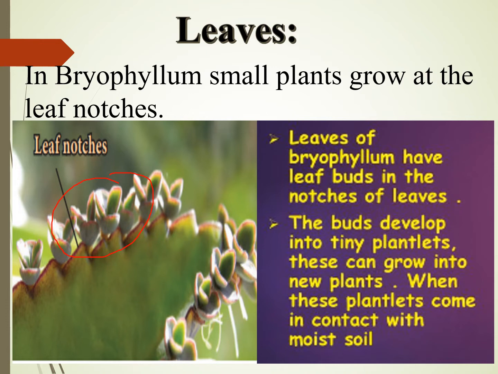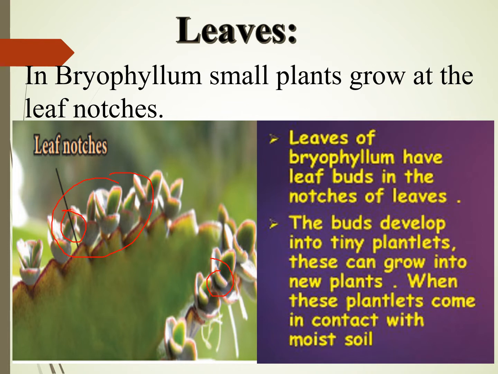Look at this carefully. From the tip, you can find tiny buds growing here. These buds grow into their own tiny plants, which we call plantlets. They have their own leaves and own roots. So this is one of the beautiful examples of vegetative propagation.